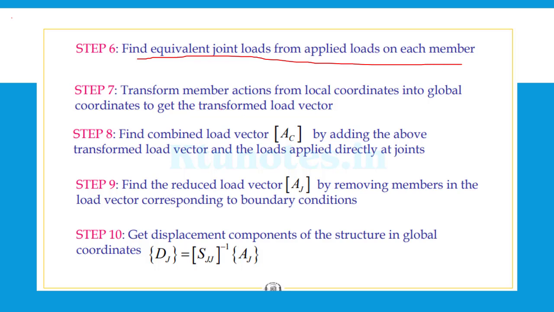So these things we have discussed even in the flexibility method, the equivalent joint load method. Right? Suppose we have a beam where the load is exactly at the midpoint, so we should convert it into the fixed moment, and then we can add it with the actual loads to get the final combined load vector. Then the reduced load vector AJ by removing the members in the load vector corresponding to the boundary conditions.